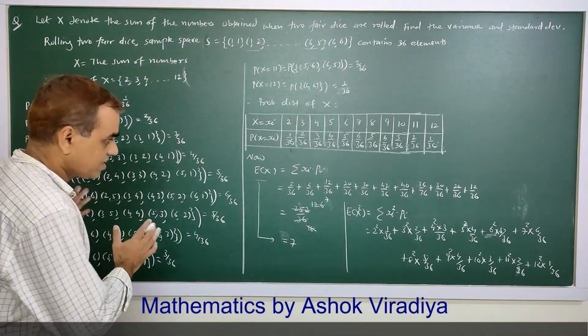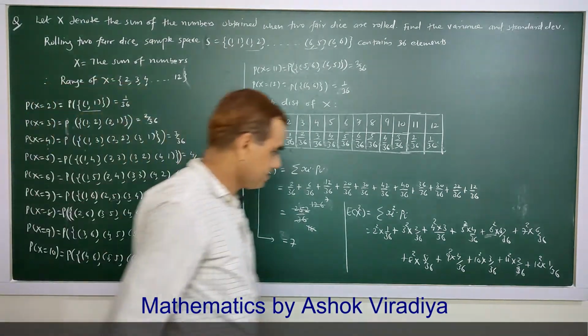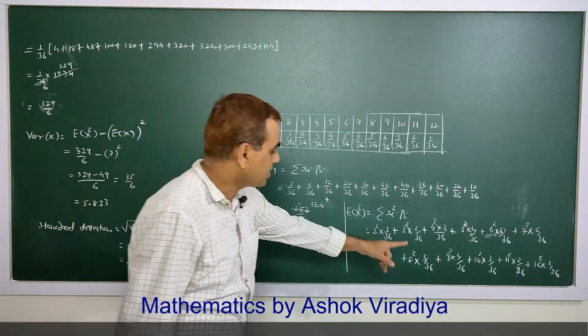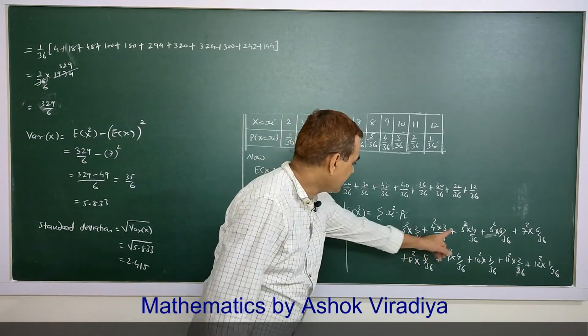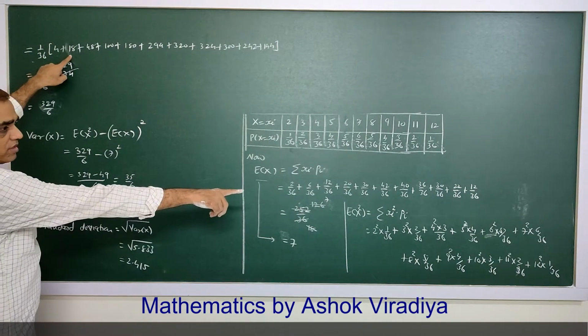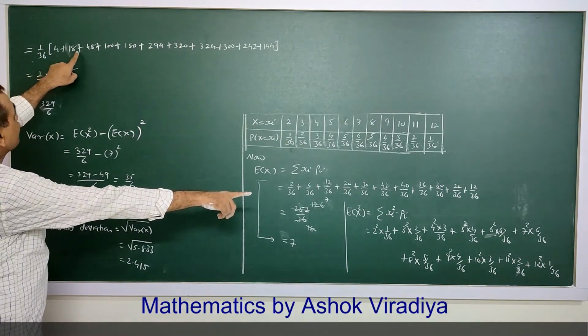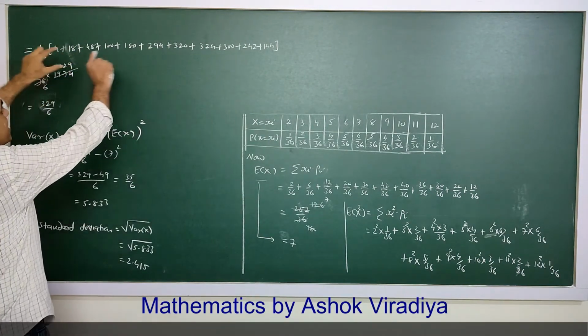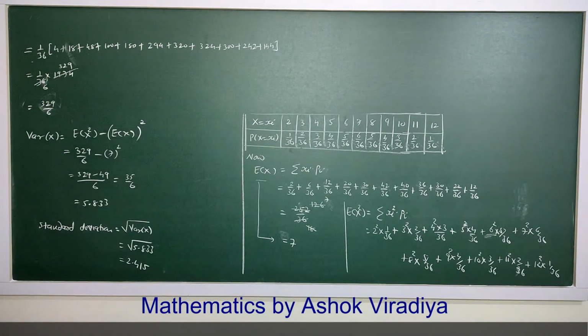Now I need space, so I have to remove this part. Then see, from this calculation 1 by 36 is taken common, then 2 square is 4, 3 square into 2 is 18, 4 square into 3 is 48. So this is calculated, you can do this.